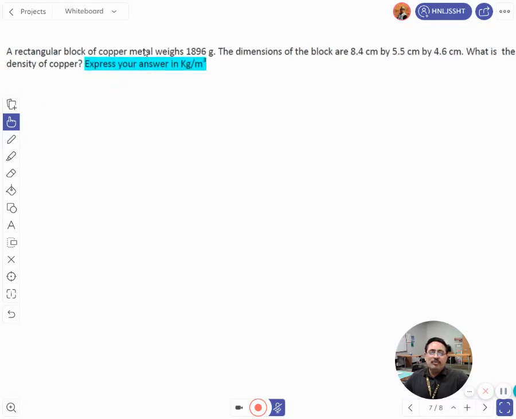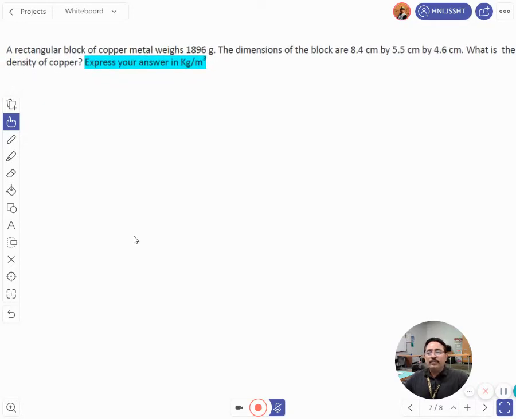Is it going out of the bottle? Okay. So a rectangular block of copper metal weighs 1896 grams. The dimensions of the block are 8.4 centimeters by 5.5 centimeters by 4.6. So let me copy the information first.